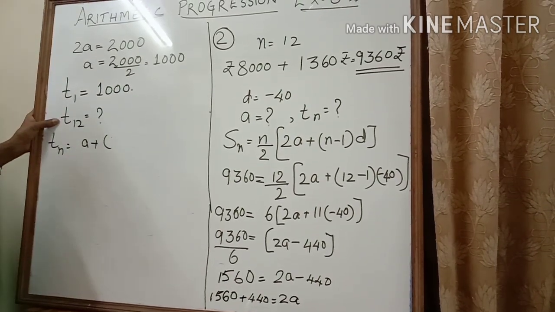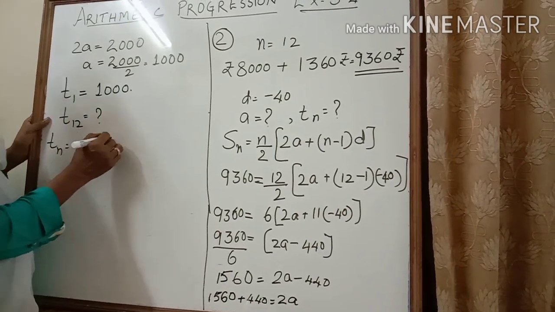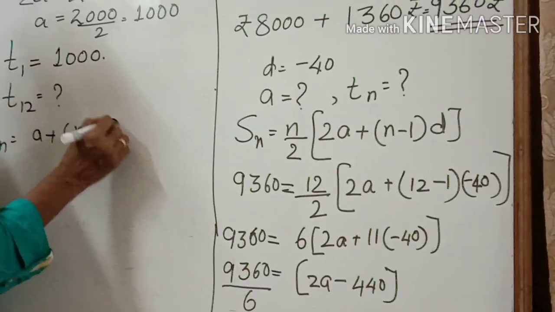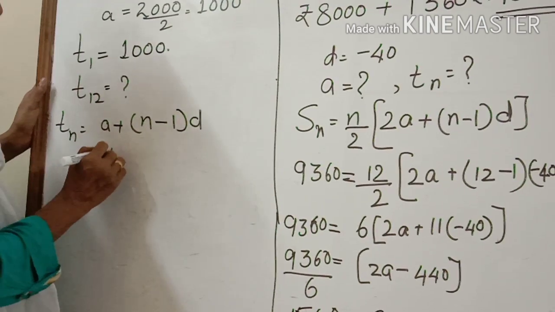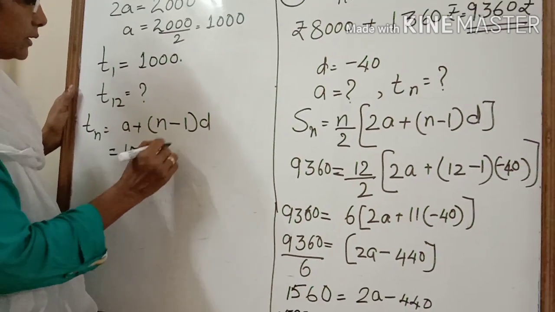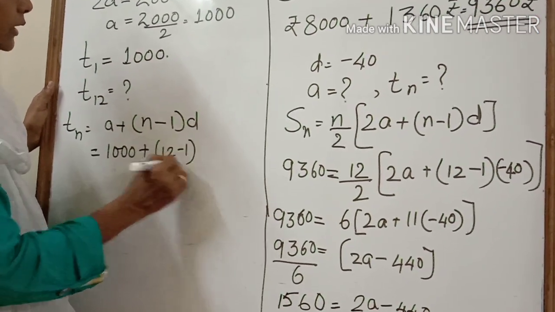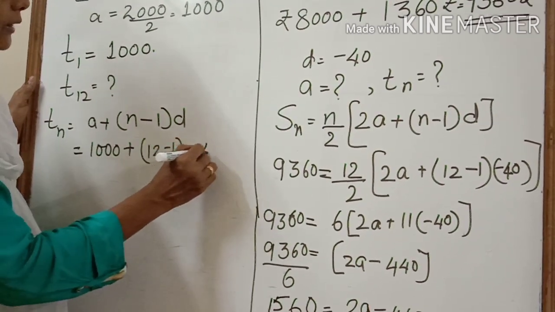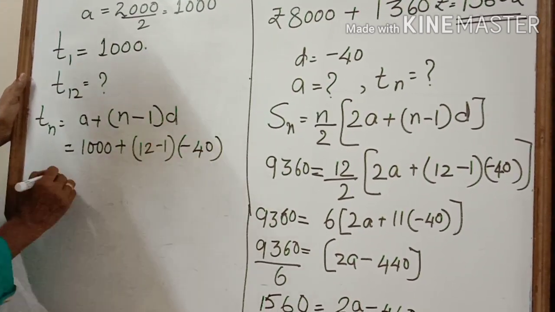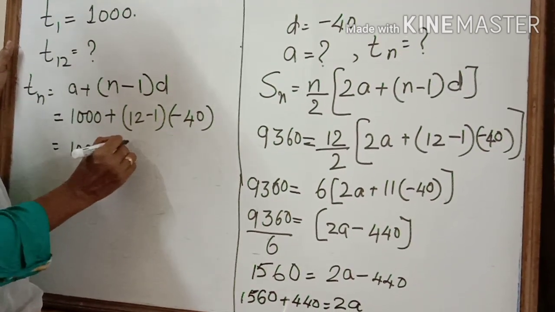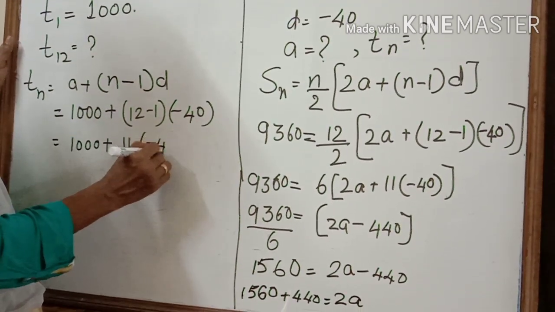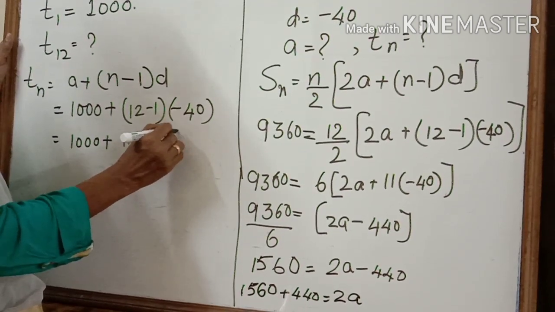We have to find T12 and Tn is equal to a plus n minus 1 into d. So a is 1000 plus 12 minus 1 into d is minus 40. So we have 1000 plus 11 into minus 40.